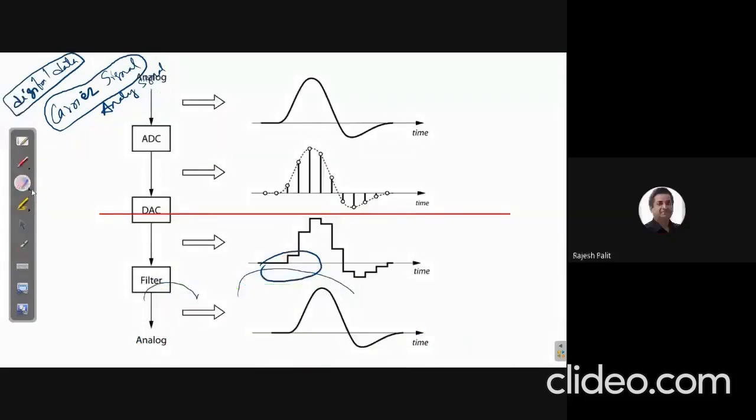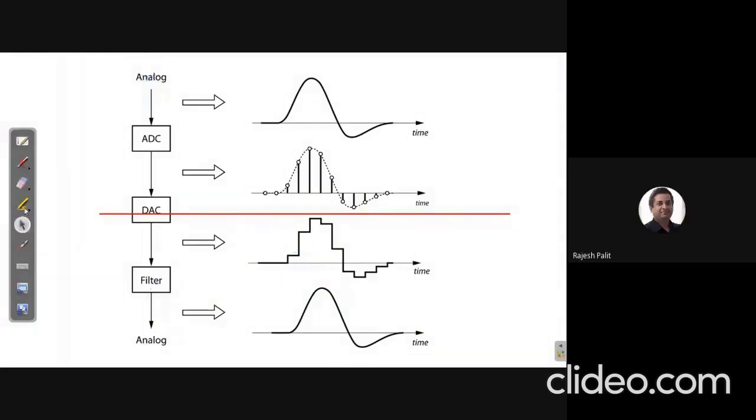So here you see, this is our analog signal, say for example voice. You see it is not a simple sine wave, right?